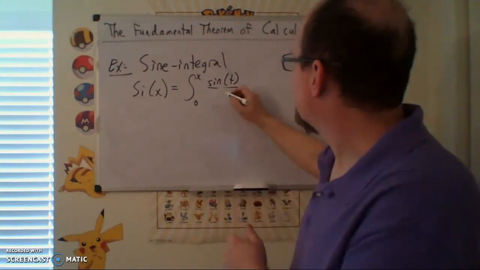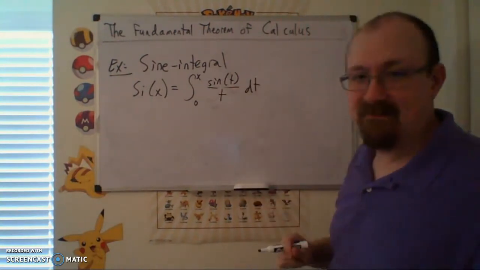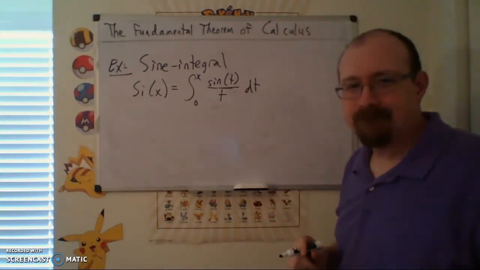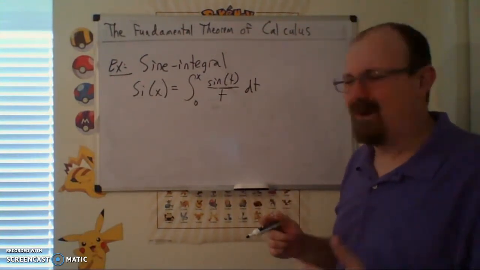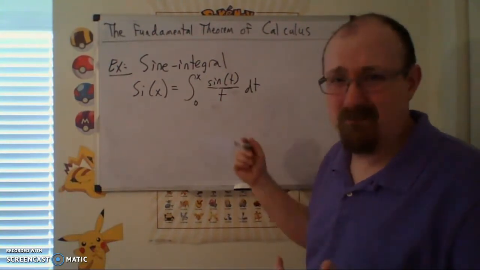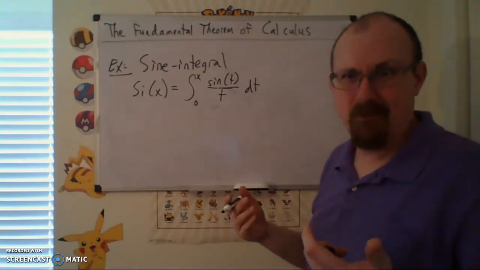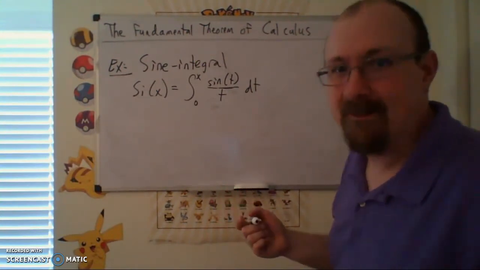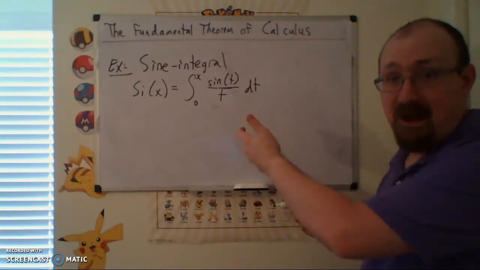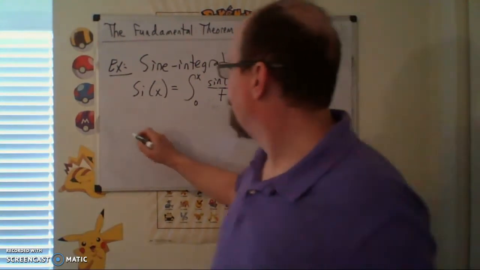My apologies. Sine of t over t, and we get the dt, but dt should never be in the bottom of a fraction, for our purposes. So technically, we have to sort of fill in a hole because this thing's not really continuous at 0, but the limit exists. We jumped through that hoop enough times now. Hopefully you're okay with that. So this is one example of a function defined by integrating something else.